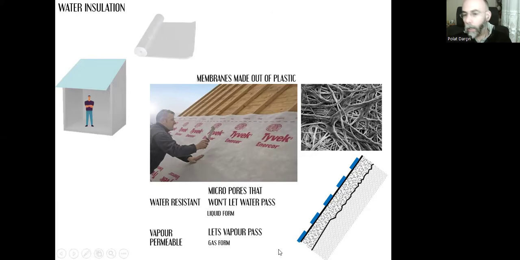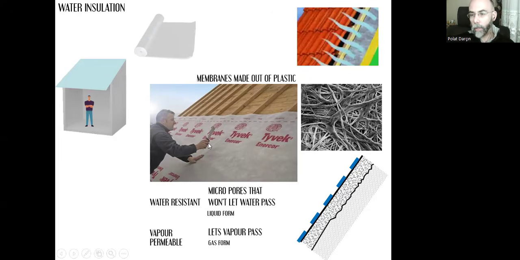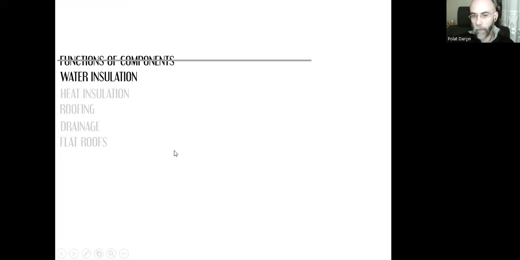It will let water in gas form pass, but it will hold the water in liquid form, and it won't let it pass. Then we don't need that air circulation channel. We can just directly apply this plastic membrane over the surface, because all this time all the layers in the section will let the vapor pass like that.